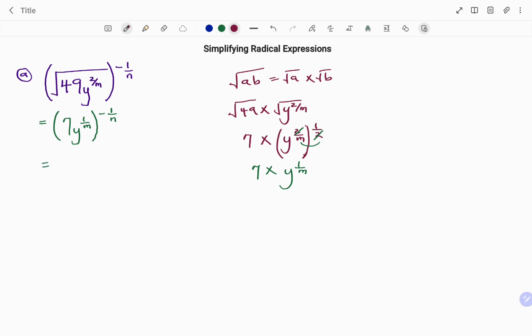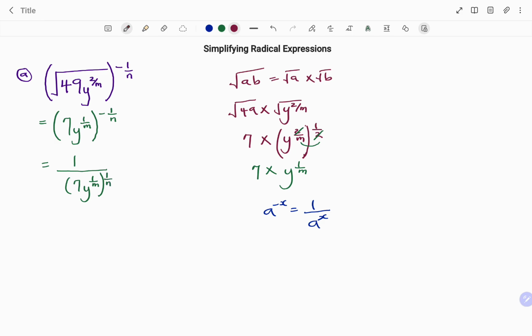Also, to change my negative exponent to a positive exponent, if I have a to the power of minus x, changing it to a positive exponent is going to be 1 over a to the power of positive x. So I'm going to do the same. I have this as 1 over my 7 y to the power of 1 over m. Now my exponent is going to be positive, that's 1 over n.